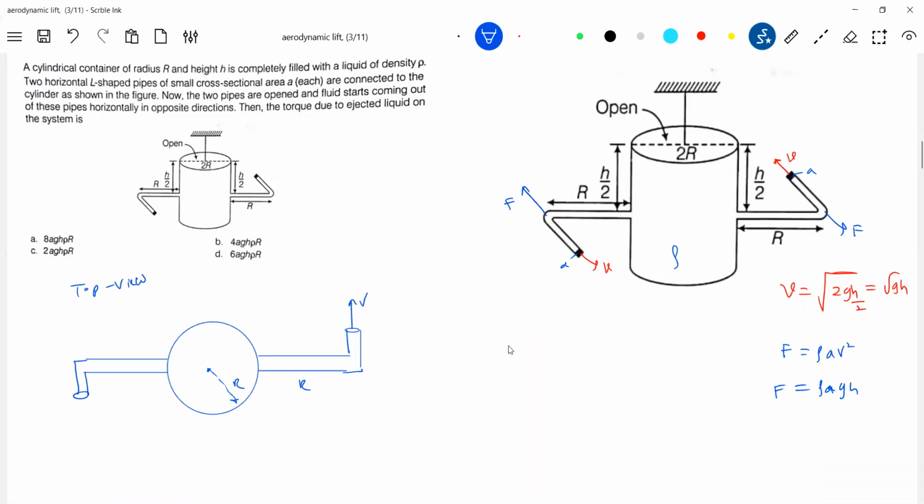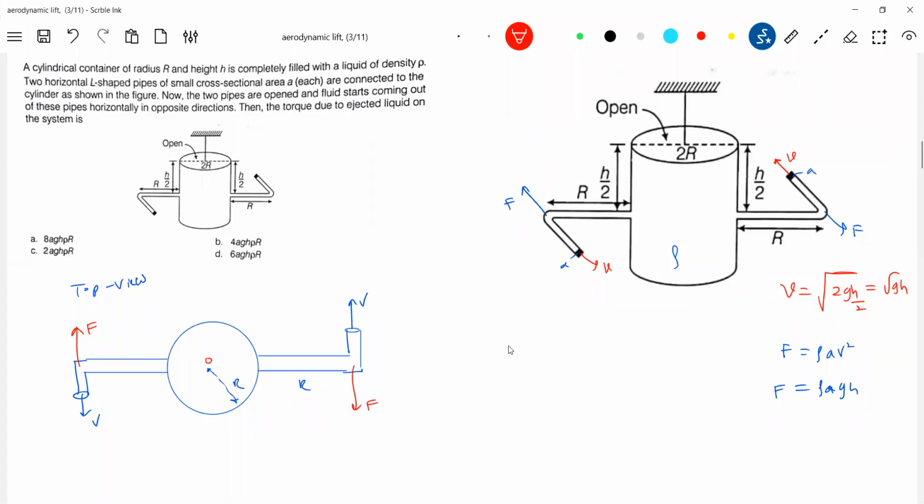This is the emerging liquid. I think not vertically up, vertically down. Please, you must have enough common sense here. You are viewing from the top, then the top view diagram will be like this. Then this emerging liquid will exert a force.